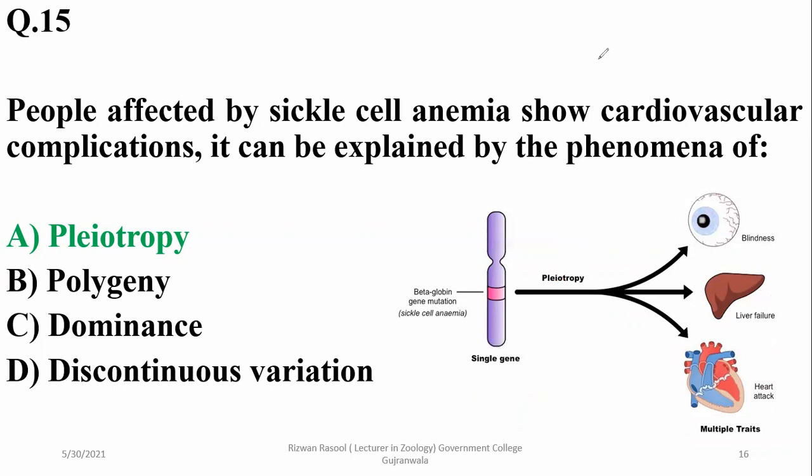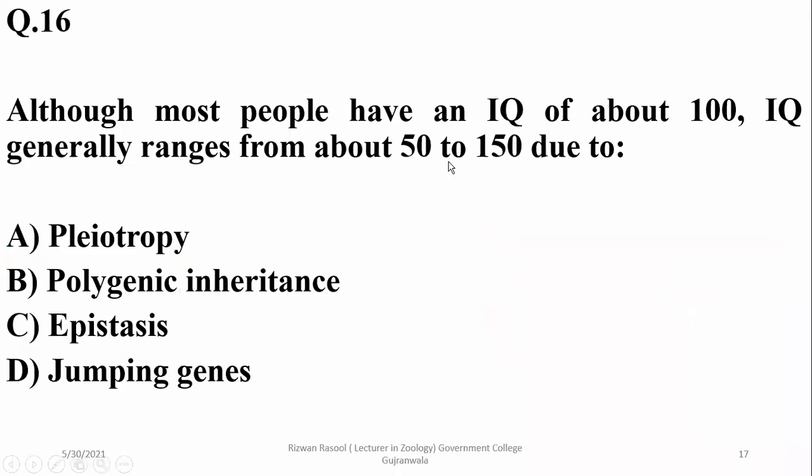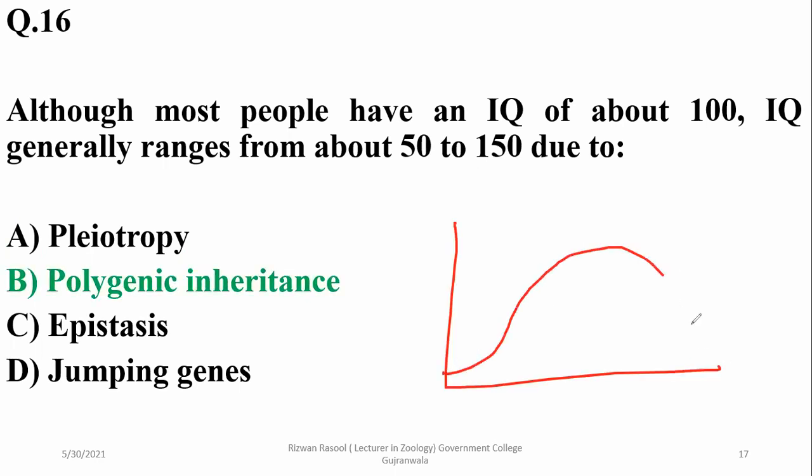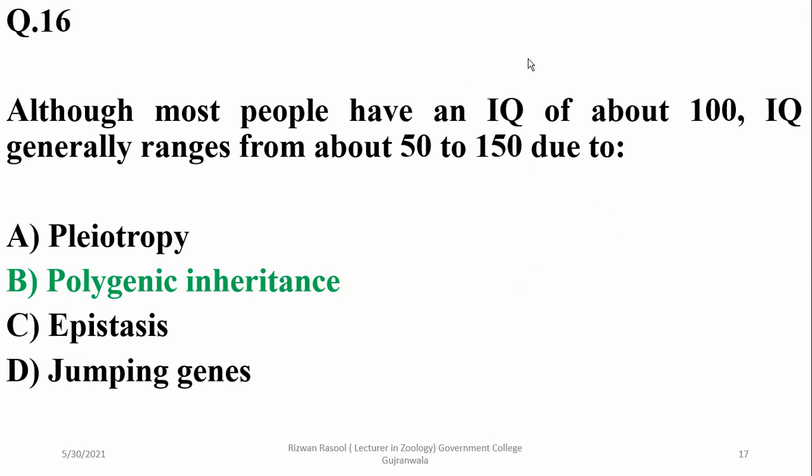So it's a case of pleiotropy. Although most people have an IQ of about 100, IQ generally ranges from about 50 to 150 due to polygenic inheritance, which gives us a bell-shaped curve, and more people fall in the center.